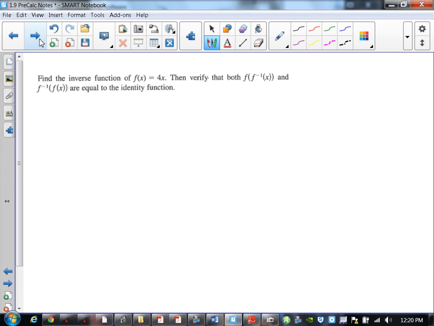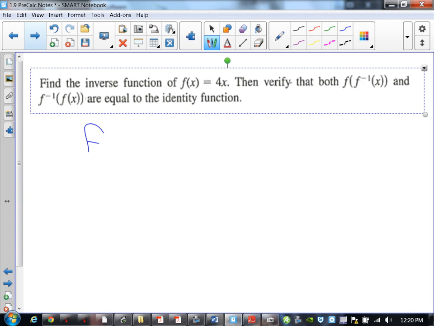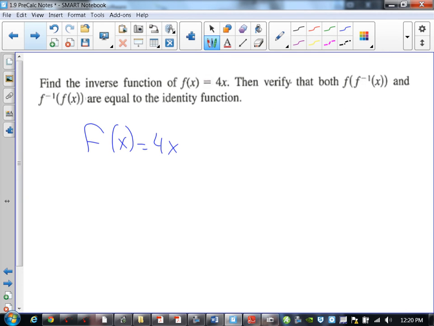When we take f of x equals 4x, I want to verify that f of x and its inverse, when I substitute in one for one another, I should always get x. But the first thing we have to do is find the inverse.